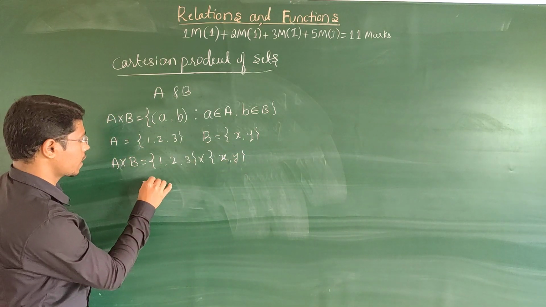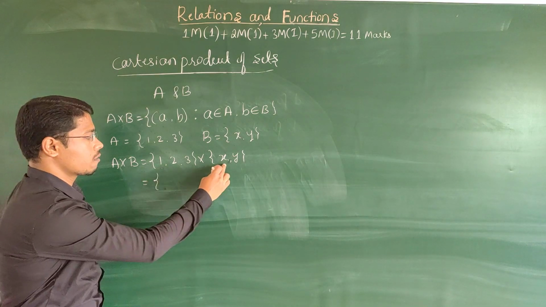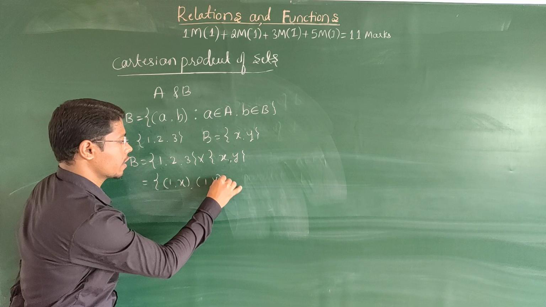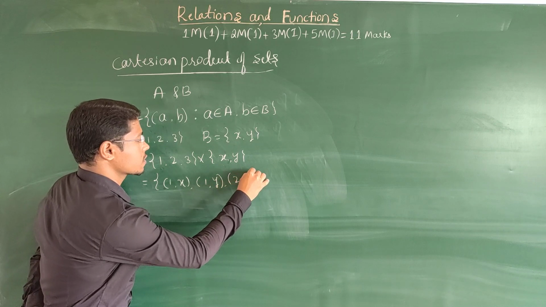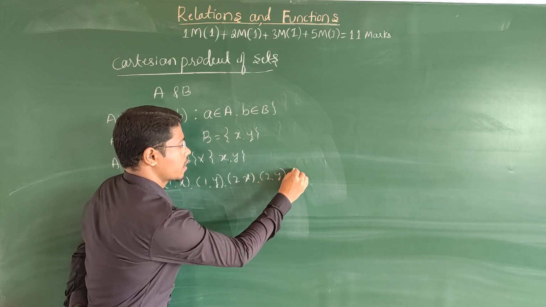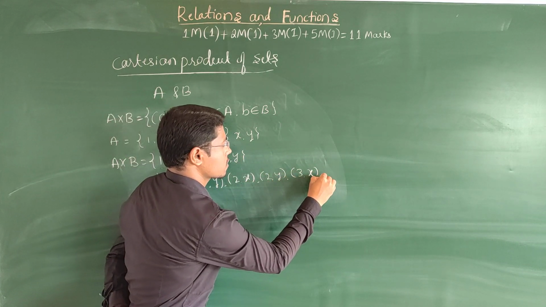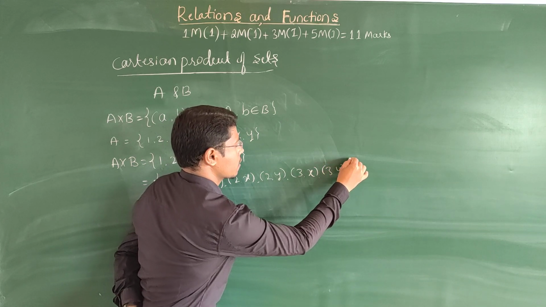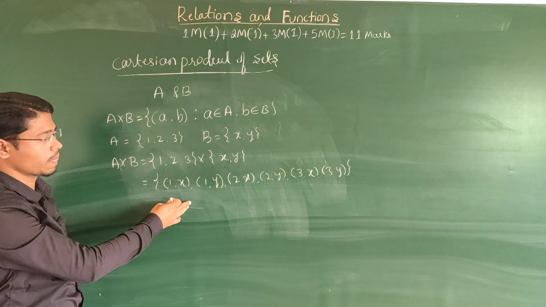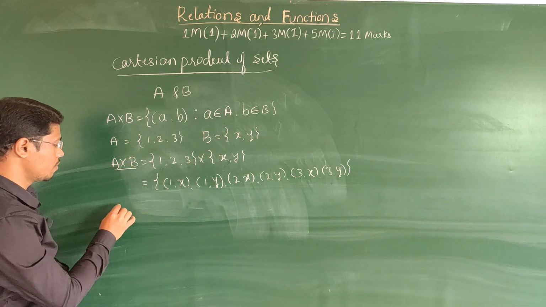So let us write all the ordered pairs: (1, x), (1, y), (2, x), (2, y), (3, x), (3, y). So this is the set of all ordered pairs, that is, the Cartesian product A cross B.